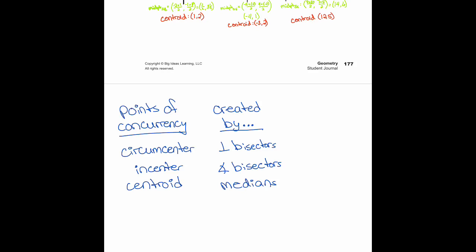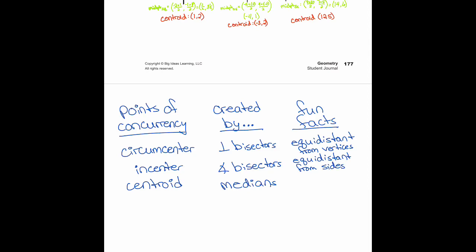And a small fun fact about each one. The circumcenter is equidistant from the vertices. The incenter is equidistant from the sides.